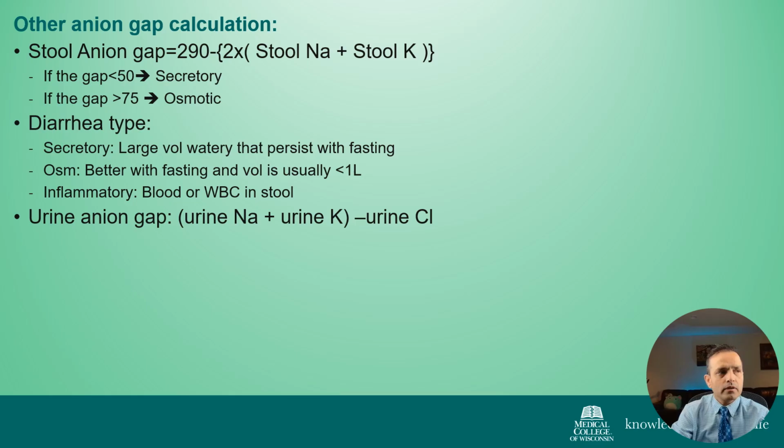Let's talk about urine anion gap. The formula is urine sodium, you add urine potassium, and then you subtract urine chloride. The sum of sodium, potassium, and ammonium should equal chloride, because those three make the positive compartment while chloride makes the negative compartment.